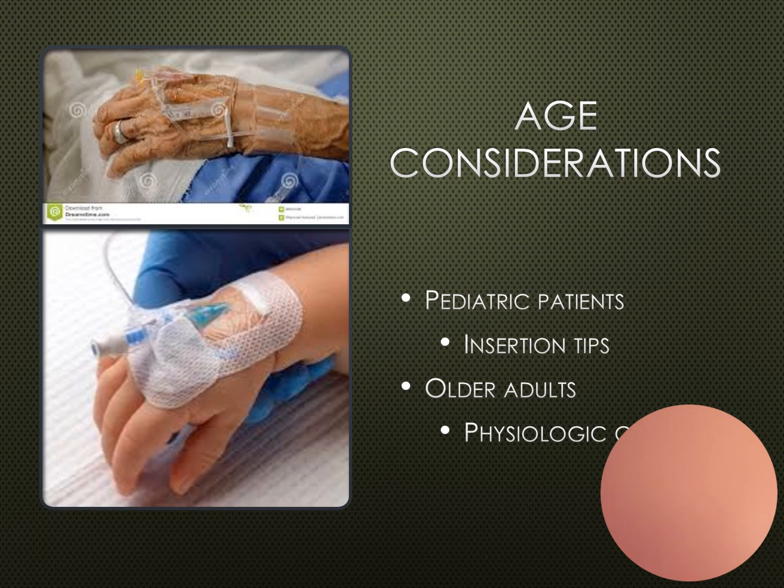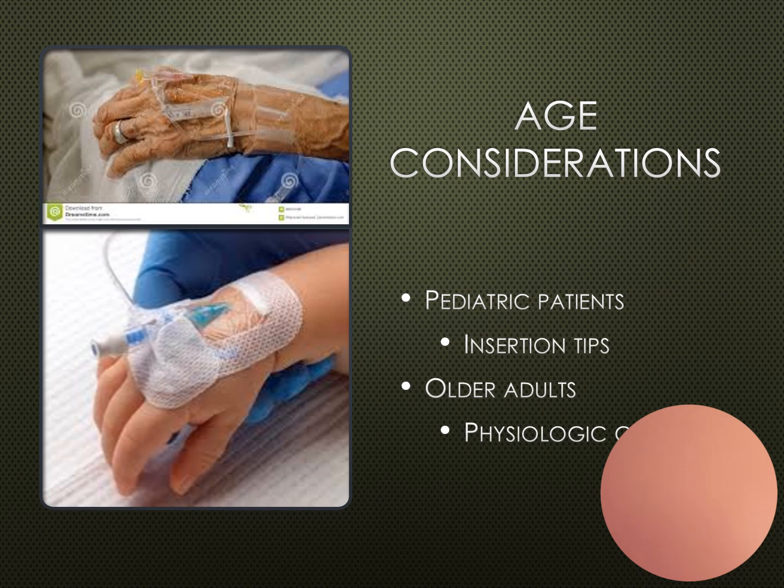Assessment of the IV site should always be ongoing. We're looking for evidence of fluid volume disturbances and electrolyte imbalances. We're doing accurate intake and output monitoring, frequently assessing the venipuncture site. And if an infiltration occurs, that fluid might drain away from the insertion site, so we may see it dependently.